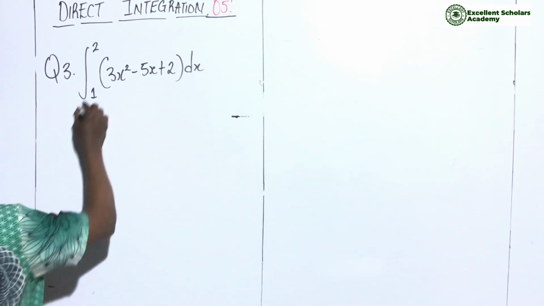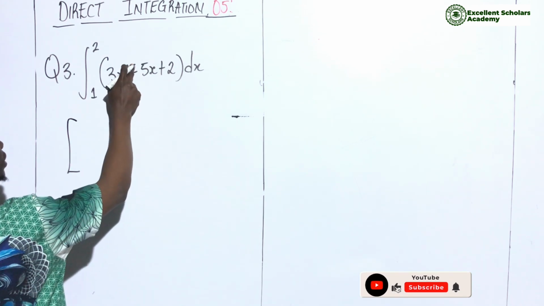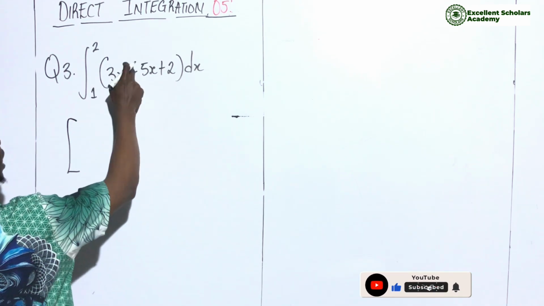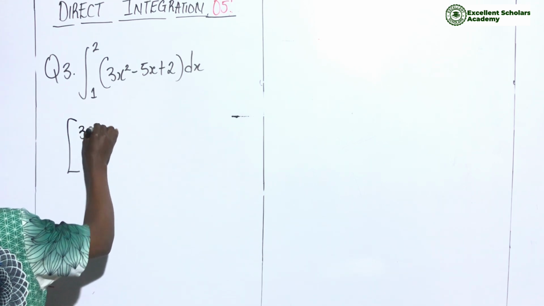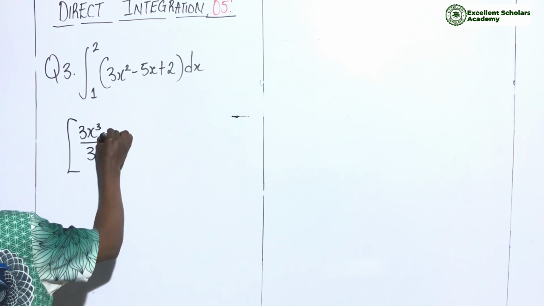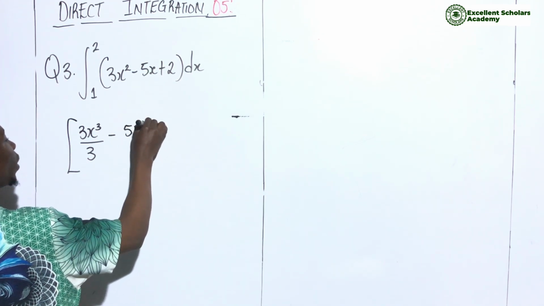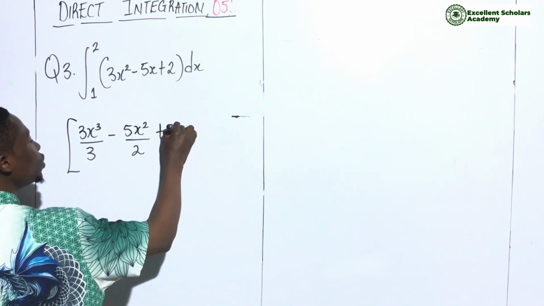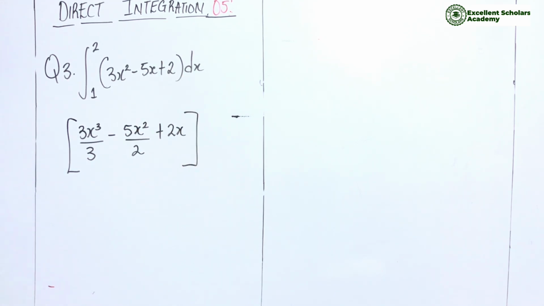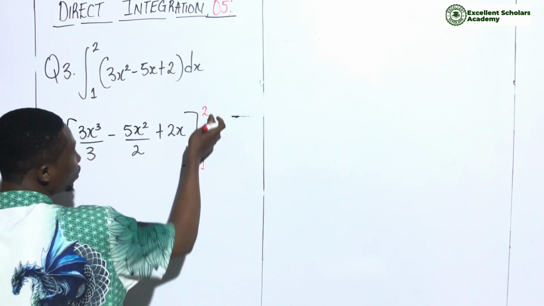So integrating this, it becomes 3x to the power of 2, add 1 to this over the same 3, so it becomes 3x to the power of 3 over 3, minus, you have 5 here, integrate this, you have 5x squared over 2. Integrate this with respect to x, you're going to have 2x. Now do not forget this that you see here. So it turns from 1 to 2.